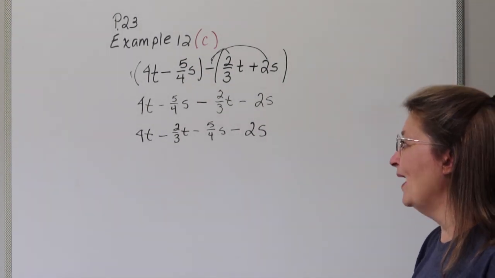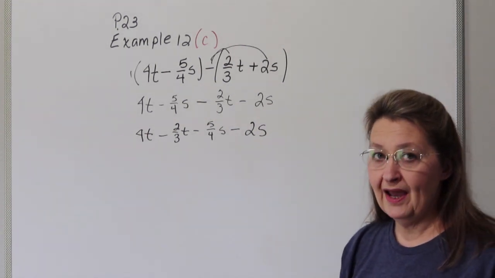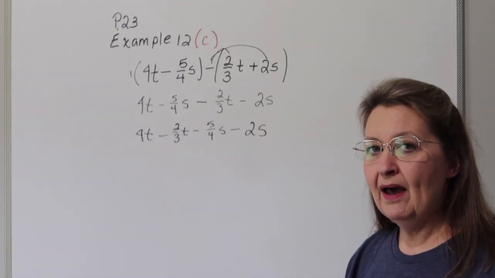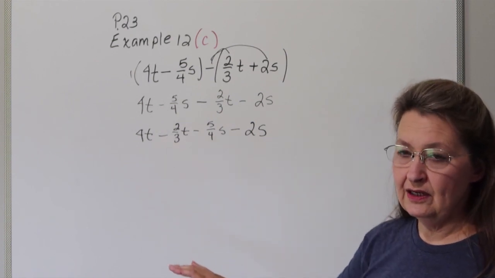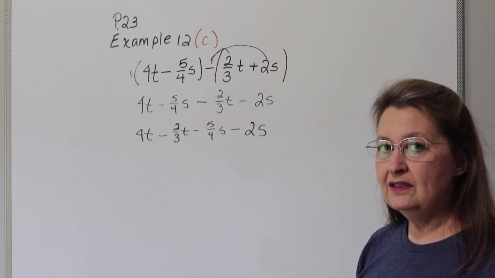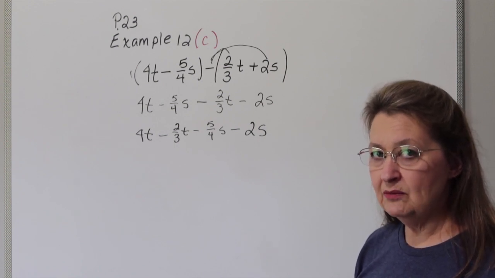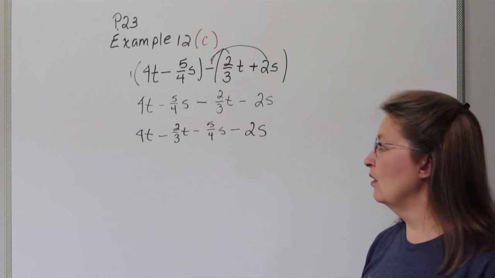Now I'm going to be combining terms, and this is going to mean that if the variable part matches, I can combine the coefficient in front of it. Now there's fractions in here, so I'm just going to use a calculator real quick. If you're unclear about how to add and subtract fractions, you can let me know, and I'll get you some extra work on that.